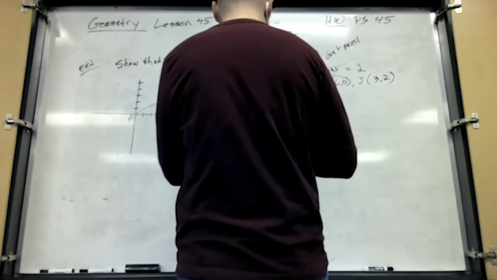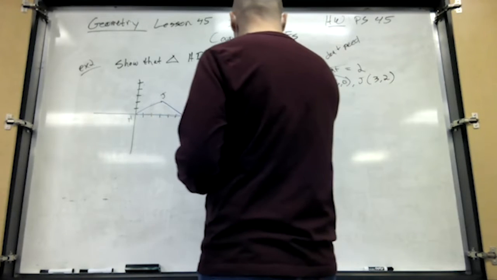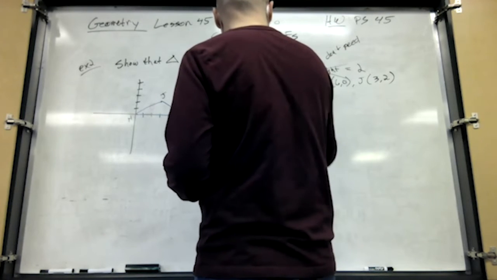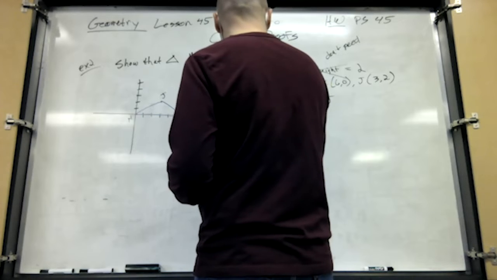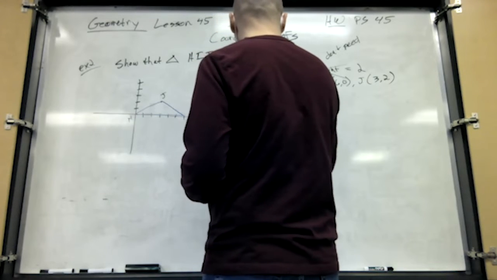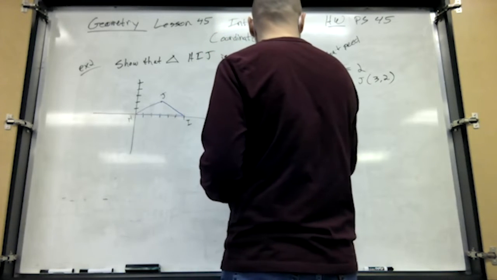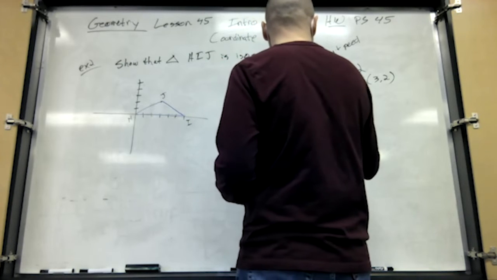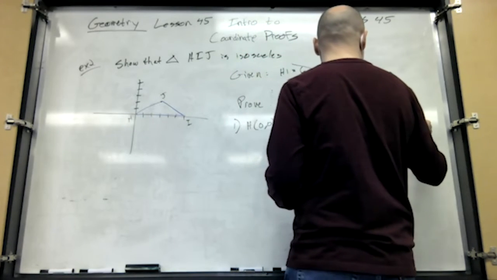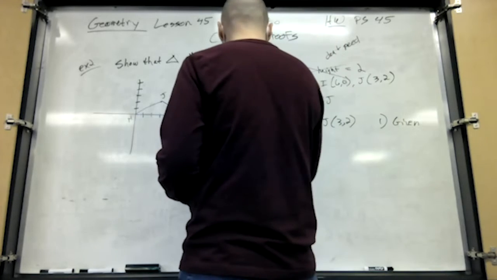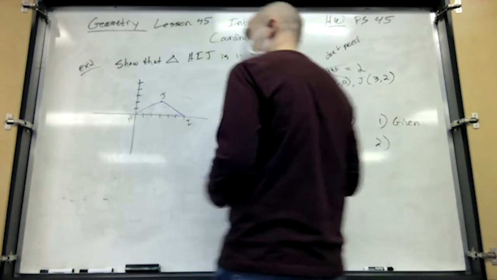It's going to just be easier. So I'm going to say given, H is 0, 0, I is 6, 0, and J is 3, 2. Why? Because it's given. Okay, now what should I do next?